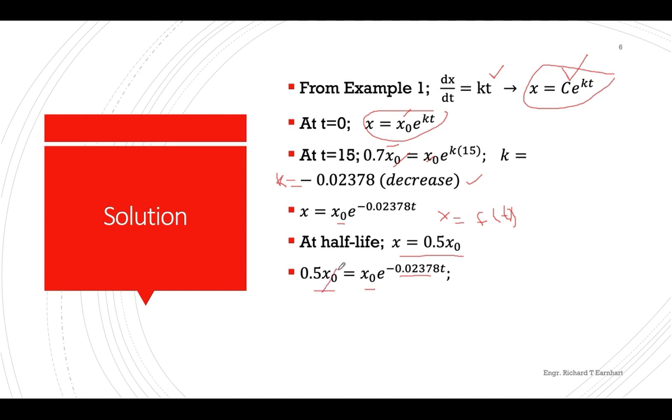So this will cancel out, and obviously you can again compute for t, the time here represents the half-life, so that will be 29.15 years, which represents 50%. 50% of the original amount has disappeared.